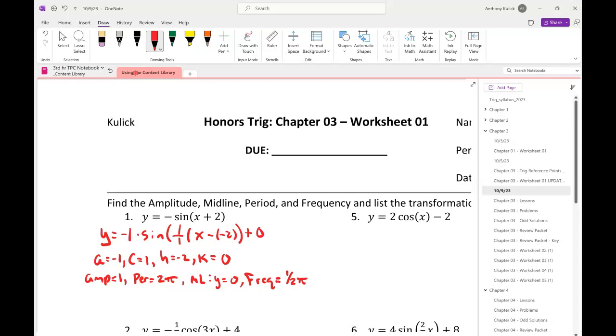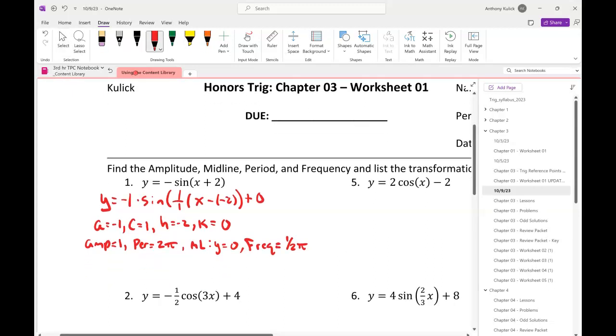And then if I were to describe the transformation, we have no reflection on the y-axis because the C value is positive. We have no horizontal dilation because the C value is equal to 1.